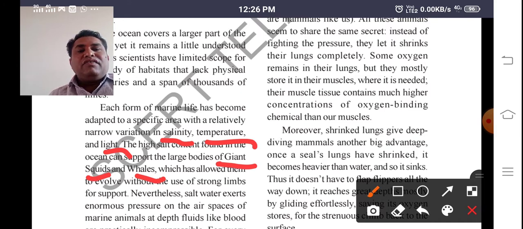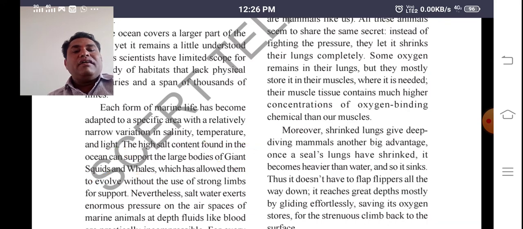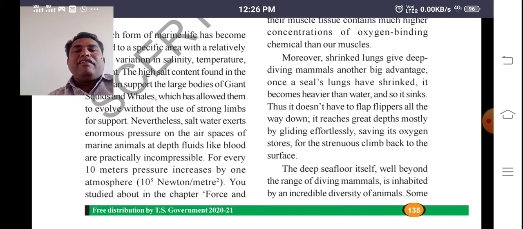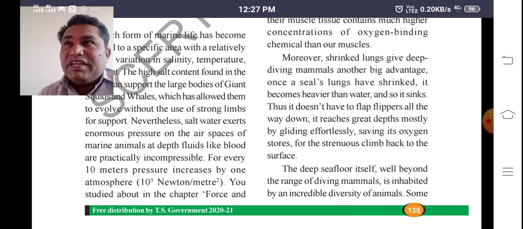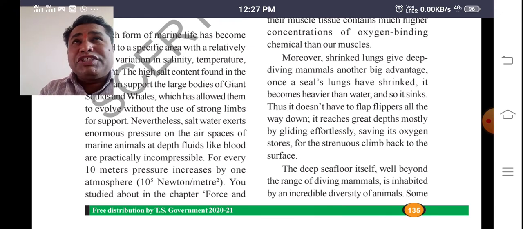Nevertheless, salt water exerts enormous pressure on the air spaces of marine animals, and at depth fluids like blood are practically incompressible. For every 10 meters, pressure increases by 1 atmosphere. So here, mainly in the aquatic habitat, the marine ecosystem, the salt content is more.